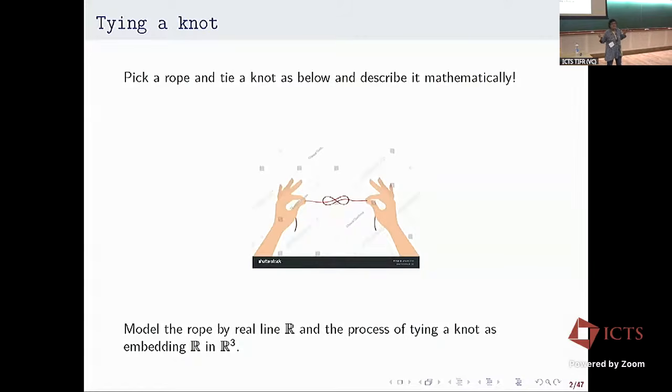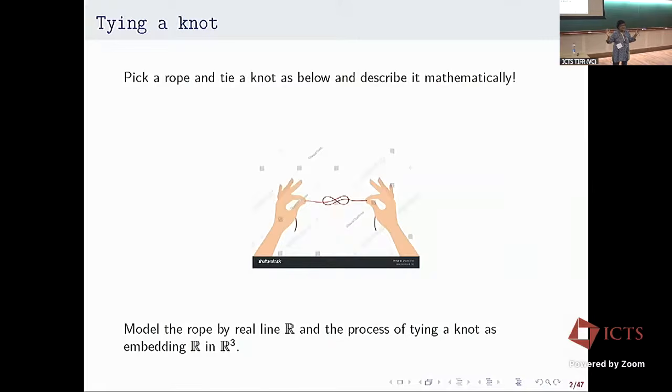What it means to say embedding, roughly, is that the map should be one-one, it shouldn't cross. In three space it's possible: you can go over and you're not really crossing, and you can go under, you're not really touching. The map is one-one, even though here it looks like touching, but in three space you can make a little up and down.